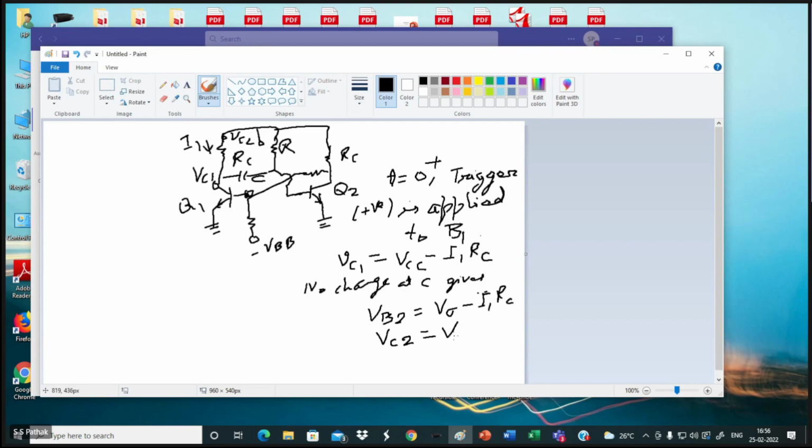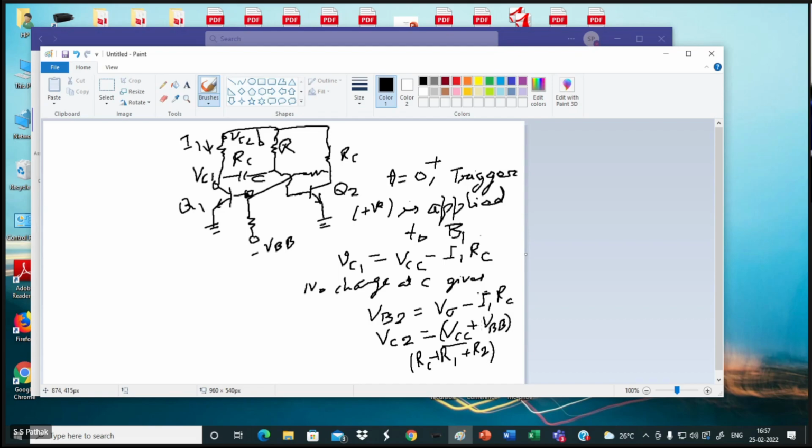VC2 will be how much? VCC plus VBB divided by RC plus R1 plus R2 into RC. So VC2 will be VCC, plus VBB rather, divided by R1 plus R2, and of course RC is there, coming from the collector of the second transistor, remember.